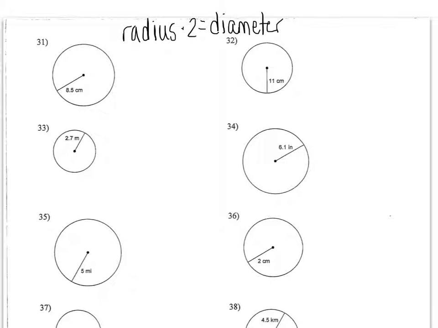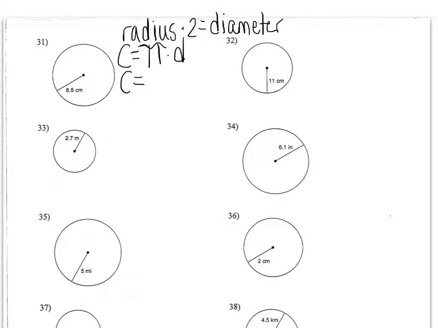Okay, so let's walk through this. Again, we're still figuring out circumference, so circumference is pi times d. In this case, we don't know what d is. In order to figure it out, we have to multiply our radius by 2 to get d, the diameter. So in number 31, we have 8.5 times 2. That will give me my diameter.